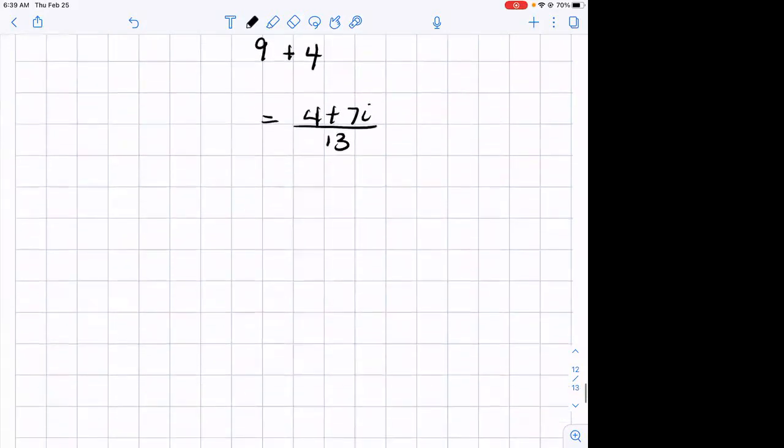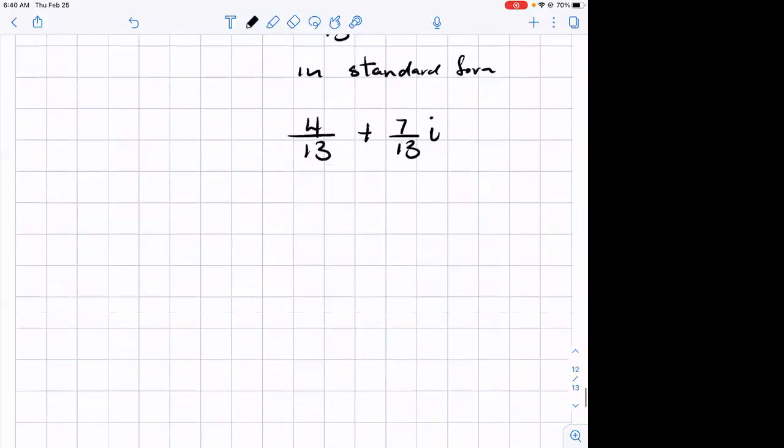And now we can write it in standard form. In standard form, this becomes 4 over 13 plus 7 over 13i. So here we have the real and the imaginary part.